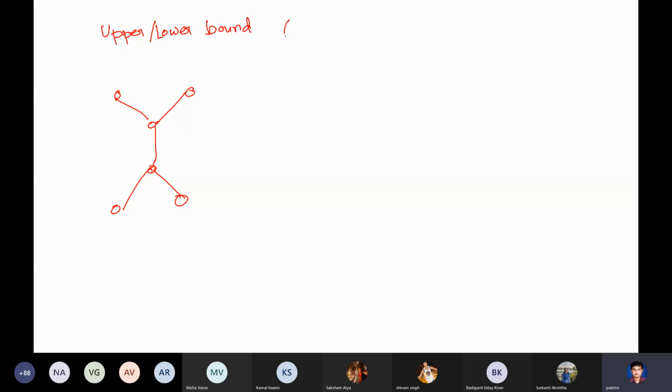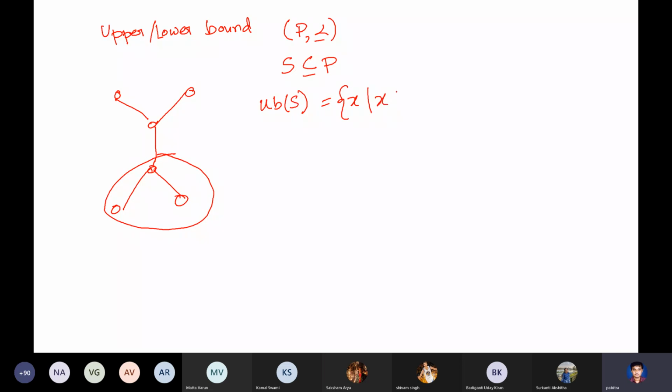Okay, so it's again defined for a partially ordered set, but you take any subset of the partially ordered set. Let's say I take this subset.